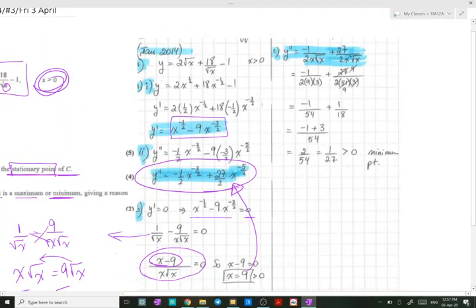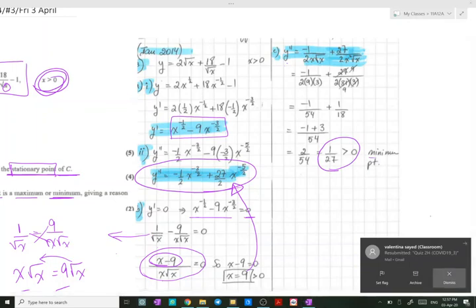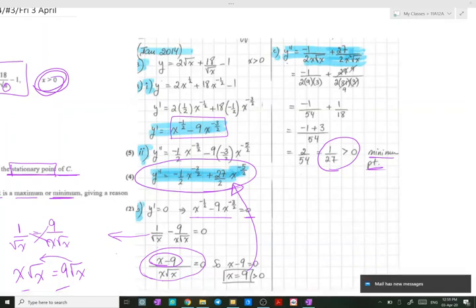Now when the second derivative is greater than 0, then you have a minimum point. Now if the number that you got was less than 0, then you are going to have a maximum point.